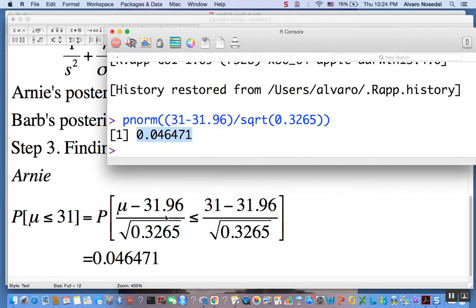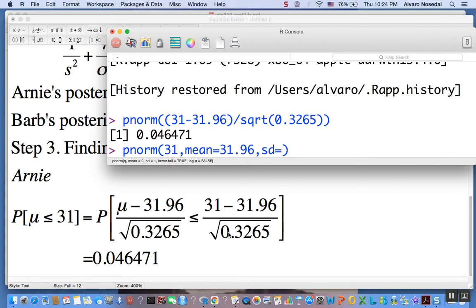I did that in case you have only access to a table. But if you have access to R, what you could do is you could use the p-norm function directly. So what we want is the area to the left of 31 for a normal distribution with mean 31.96, and standard deviation, we don't have the standard deviation, right?